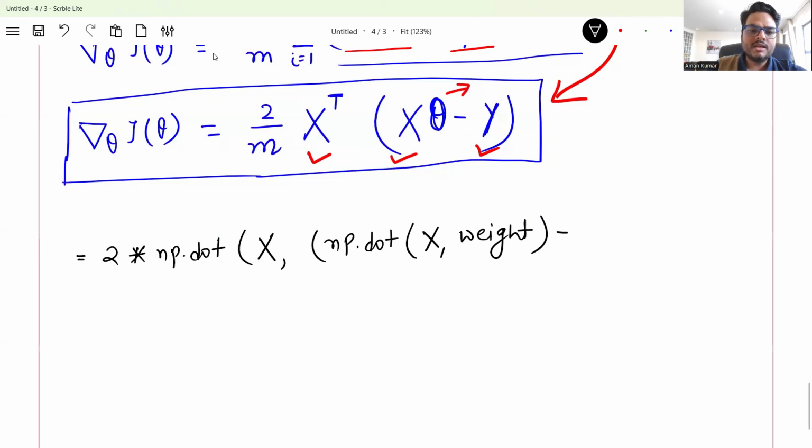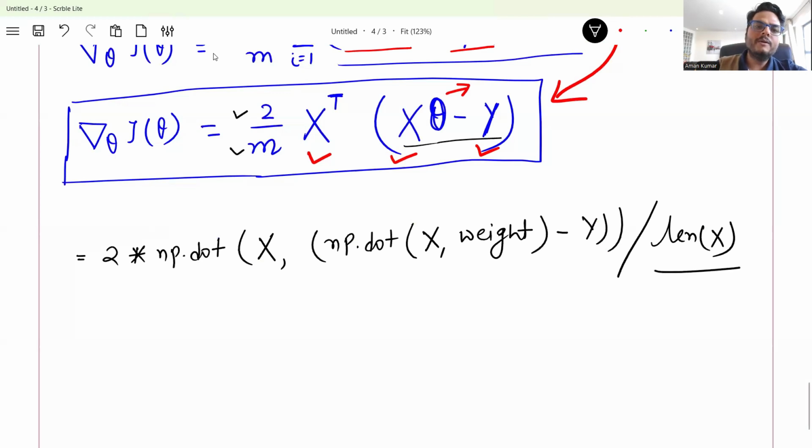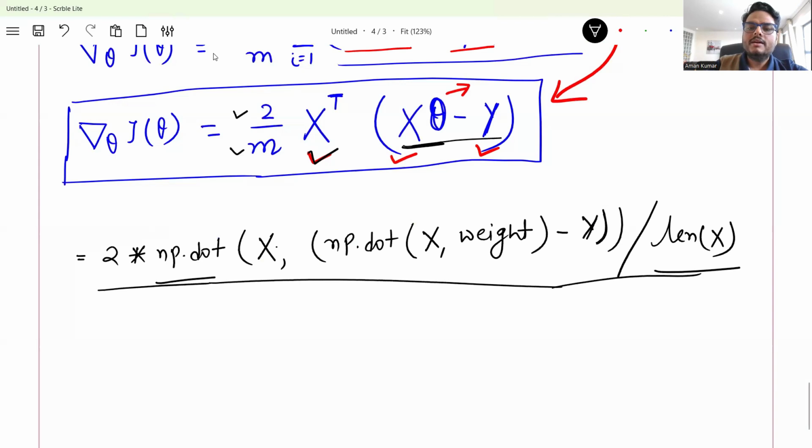I'm writing this part inside, x weight minus y, and this whole thing divided by length of x, because 2 I am taking in the beginning and m, length of x, I am taking at the end. The outer np dot takes care of this part, and the inner np dot x weight takes care of that part, and then the y. So this complete part takes care of my derivative term.